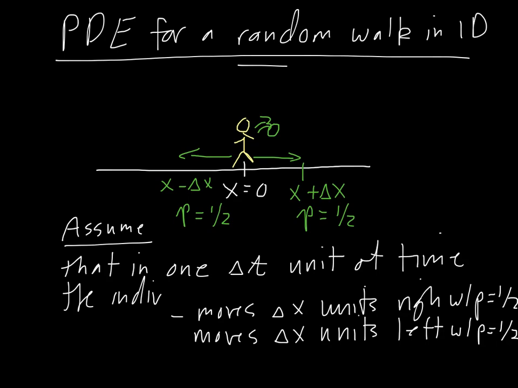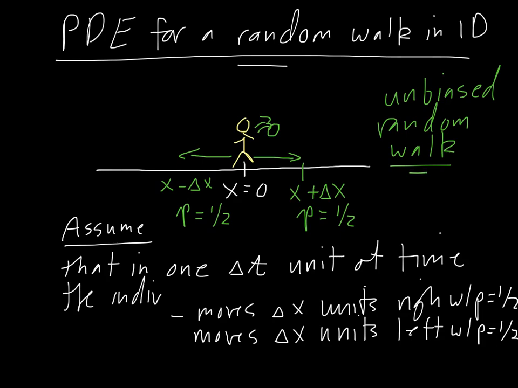And that's considered what's called an unbiased random walk. And it's unbiased because the individual doesn't necessarily give any preference to right or left. To derive a PDE for this random walk, we need to mathematize the ideas we've drawn here.